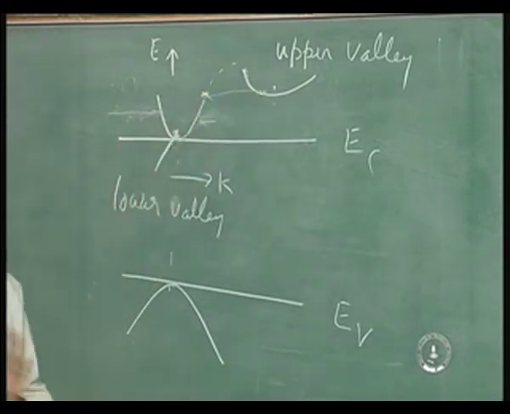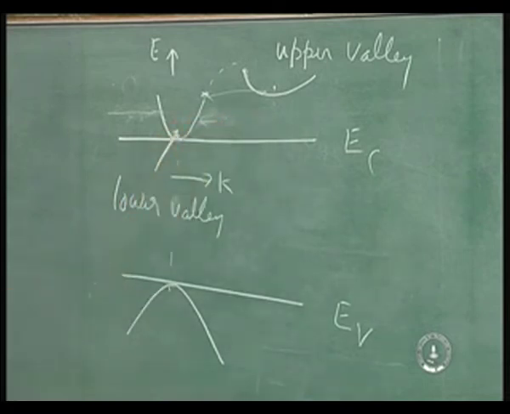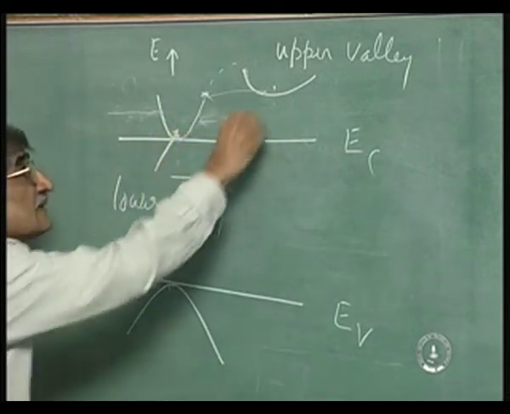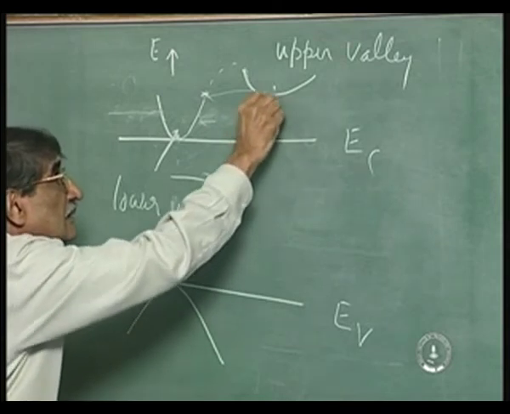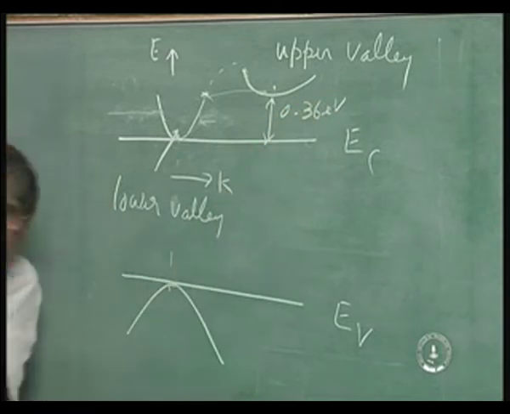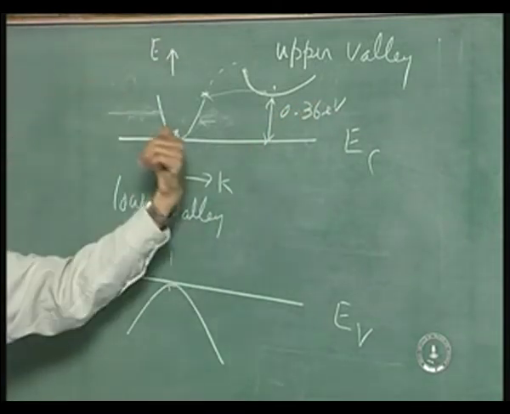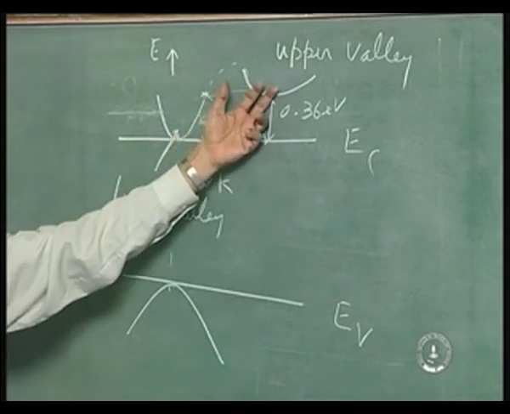So, the entire philosophy here, or the point that we are trying to point out, is the transfer from here to here has been possible because this energy is 0.36 electron volts in gallium arsenide. If that energy is that much higher, there is no chance for electrons to be transferred onto that.